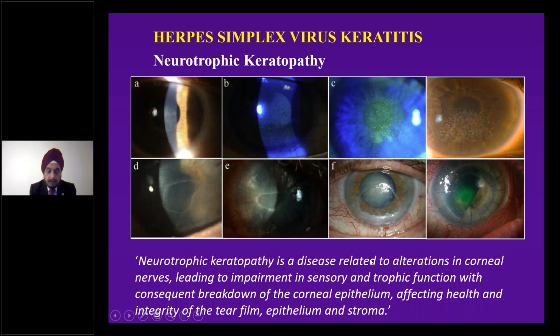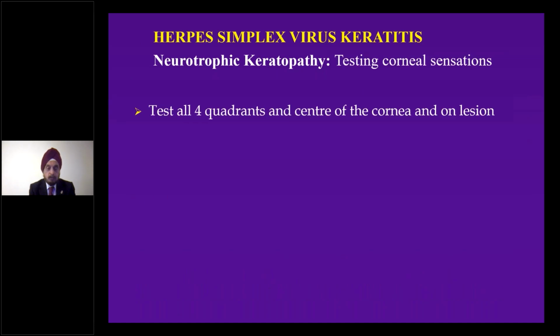So the disease is defined as a disease related to alterations in corneal nerves leading to impairment in sensory and trophic function, with consequent breakdown of the corneal epithelium, affecting health and integrity of the tear film, epithelium, and stroma. Because we're talking about the epithelium, these are the epithelial lesions which correspond to stage 1 and stage 2, or grade 1 and grade 2 of neurotrophic keratopathy.